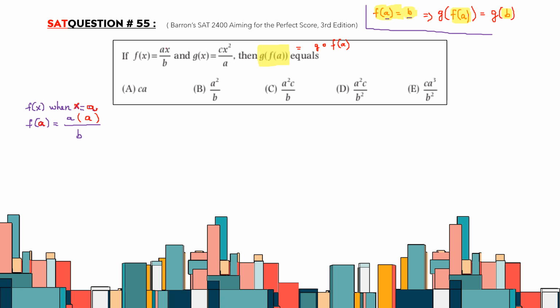See that? We have x right here, x equals a, so the a comes from x. Now simplify it: a times a is a squared over b.